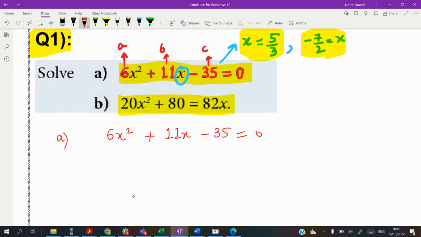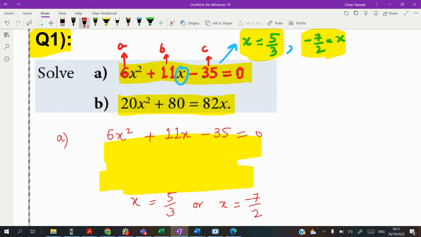Look, I found the answers. x is equal to 5 over 3. As you can see, I am leaving a space here in between, intentionally. And the second answer, I got it: x is equal to minus 7 over 2.